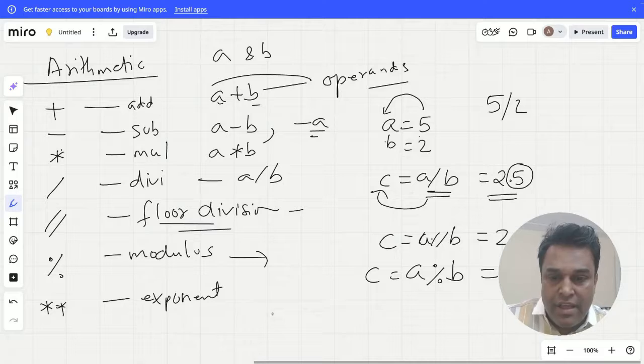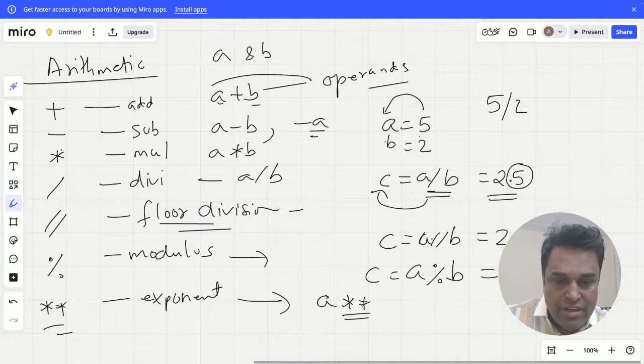And then we have the last one, that is the exponent. Exponent is the power. If it is a double star, the two asterisk signs are together. There shouldn't be a space over here. Please remember that.